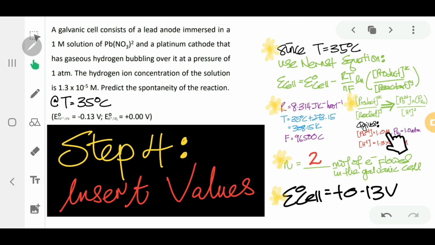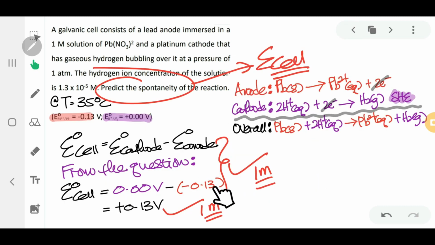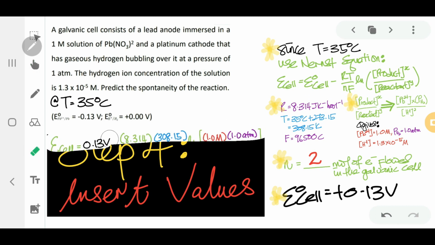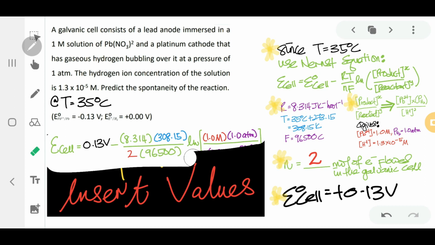You're going to substitute the value inside, and we know that 2 mole of electrons are flowing, and E0 cell we have done that just now. And all you need to do now, you have to take all of these values, insert inside your Nernst equation. Then you'll get something like this.